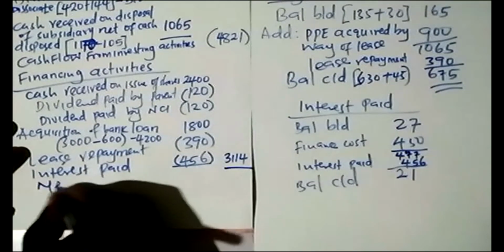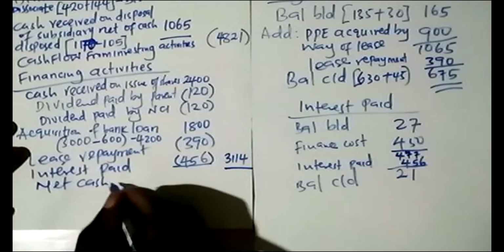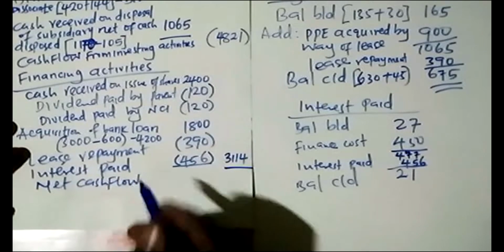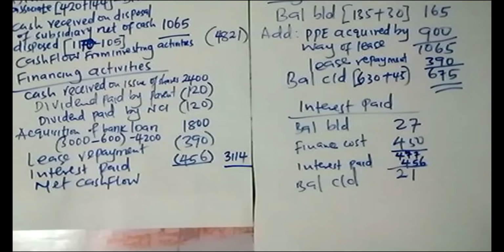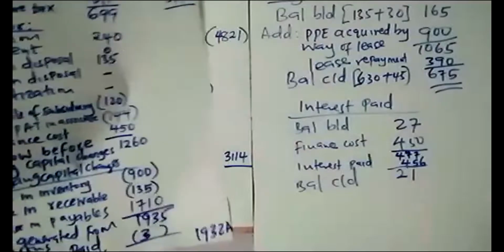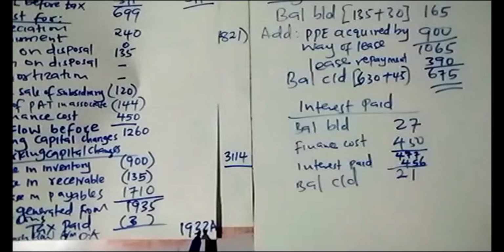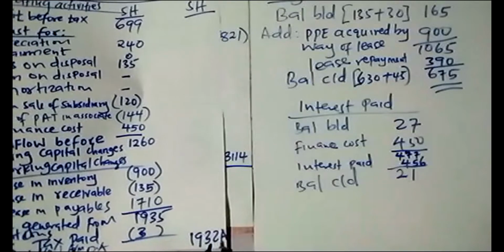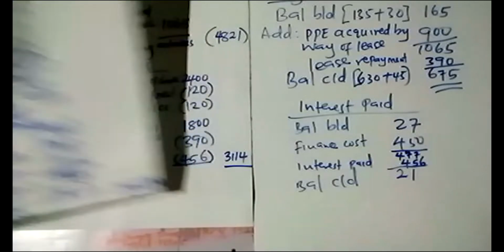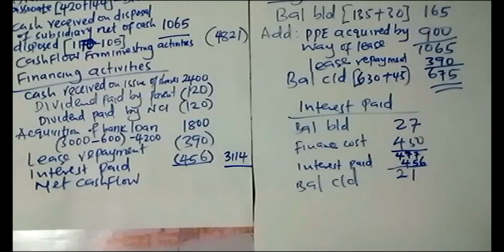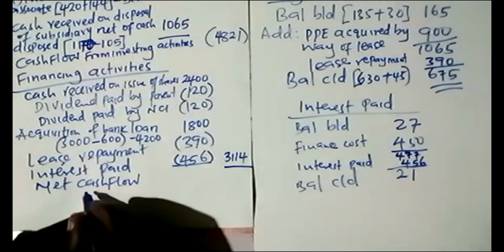I have to get net cash flow. Remember that for you to get the net cash flow, you have to start with the one you got under operating. So operating, we got 1932.